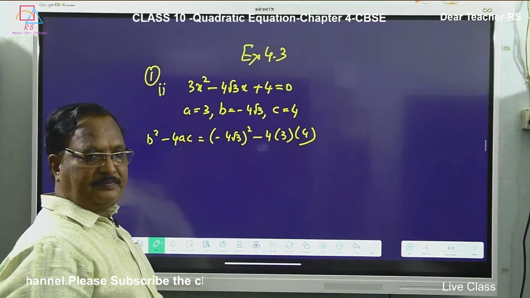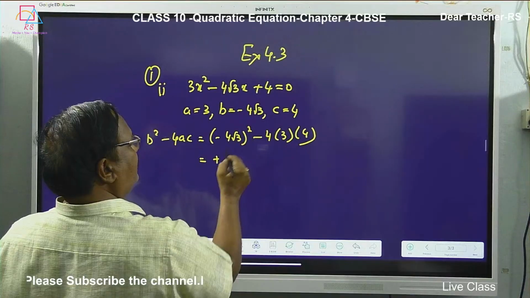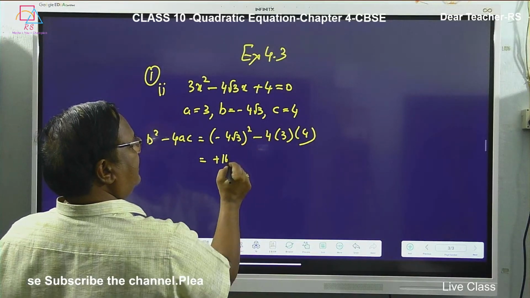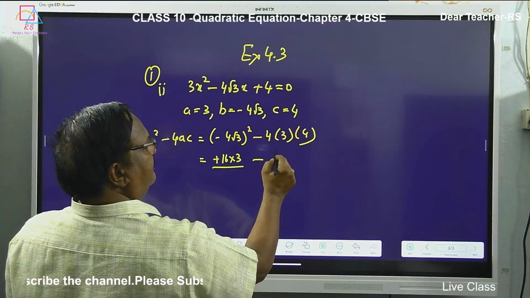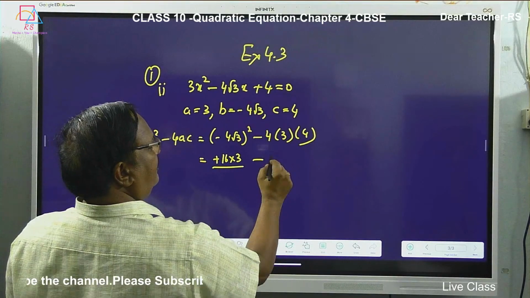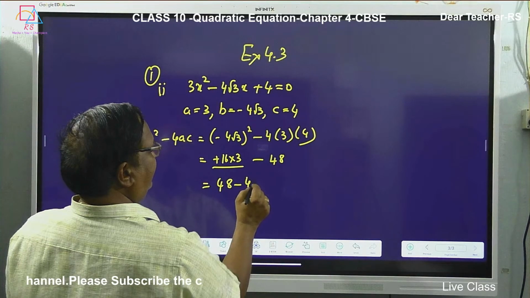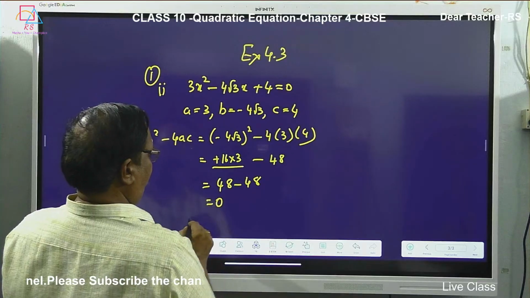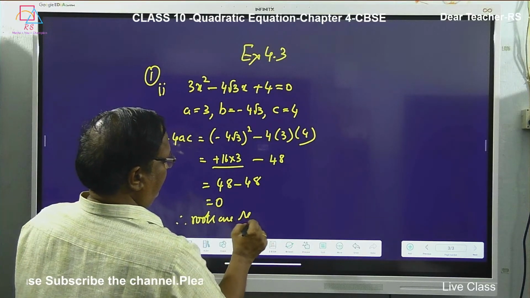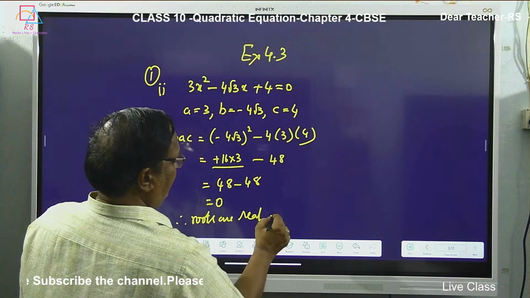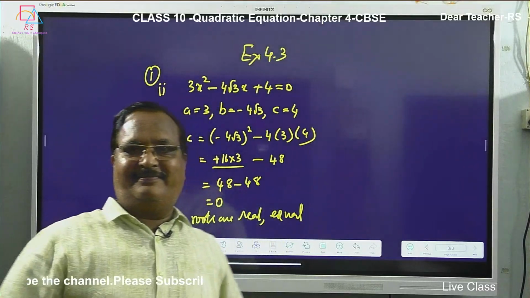So minus square plus 4 square 16, root 3 square 3. 4 3s are 12, 12 4s are 48. So 48 minus 48, 0. Therefore, roots are real and also equal.